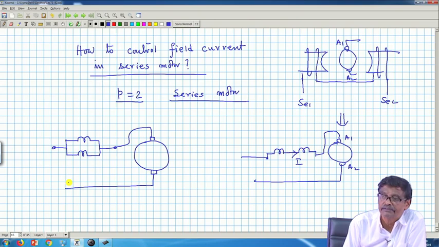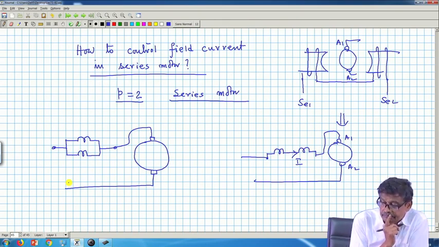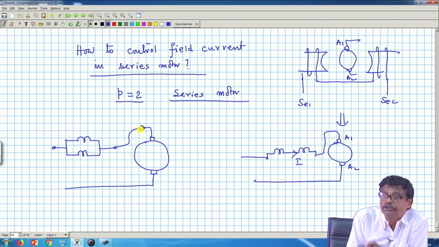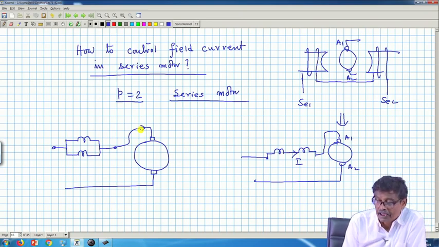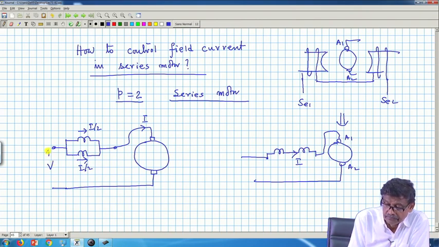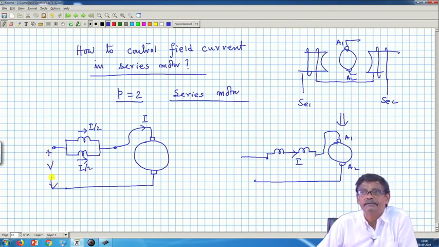I can do that. In that case, the armature current and the current which is producing flux per pole will be different. In fact, if it is I and if these two coils are identical, this will be I by 2 and this will be I by 2. This is your supply voltage V. Got the idea?